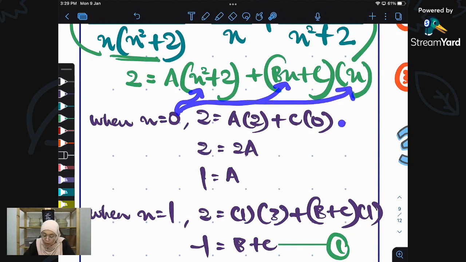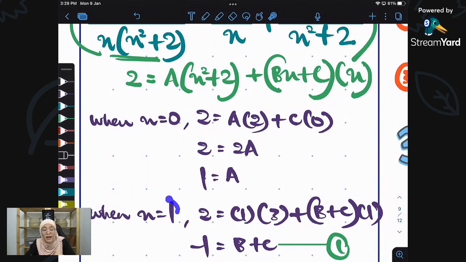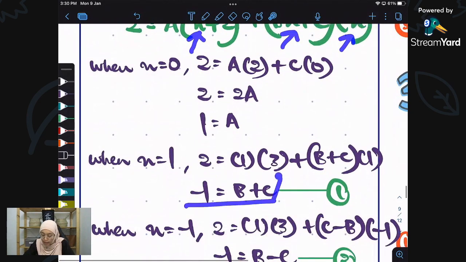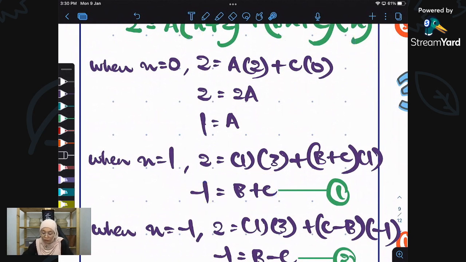And then what do I get? Oh, I got an A value. A value is equal to 1. If I try the value of 1 and sub it into the equation, I will get an equation with two alphabets, which is B plus C. So I have to go on and try again with a different number, which is x equals negative 1.